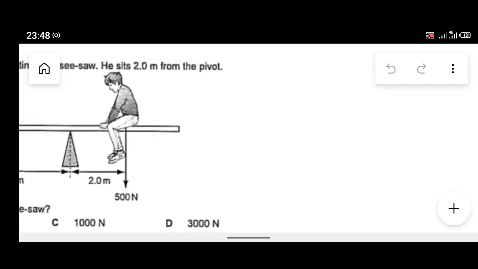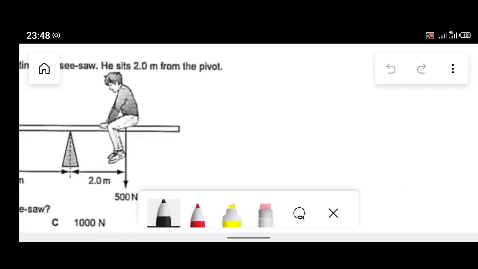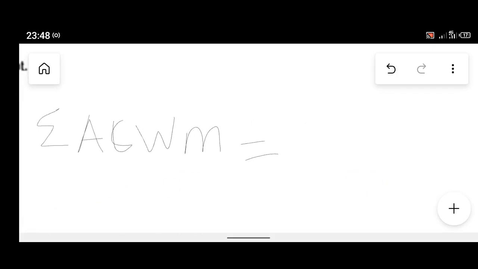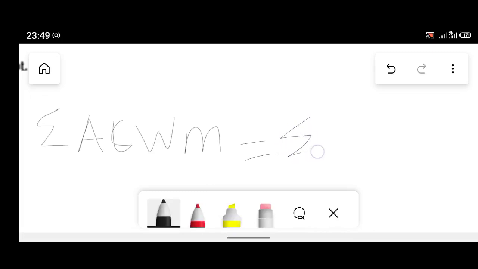So let me just get my pen. So we're going to use the principle of moments, which we know that sum of anti-clockwise moments is equal to sum of clockwise moments.